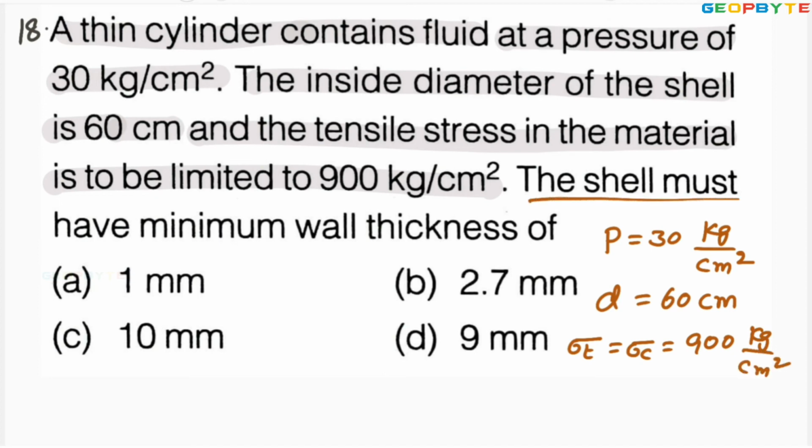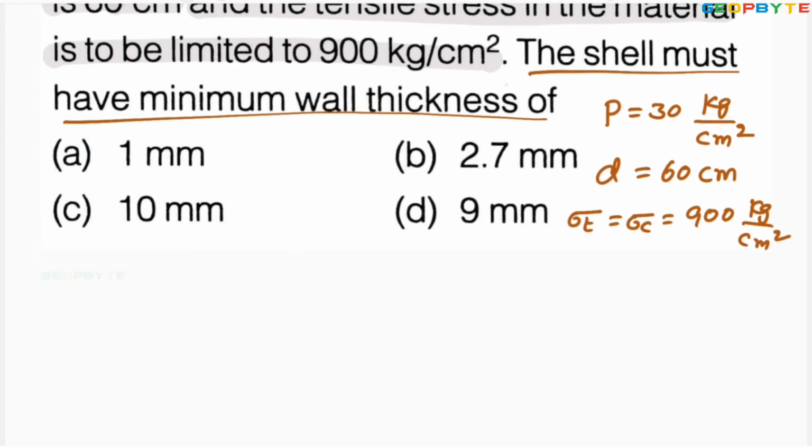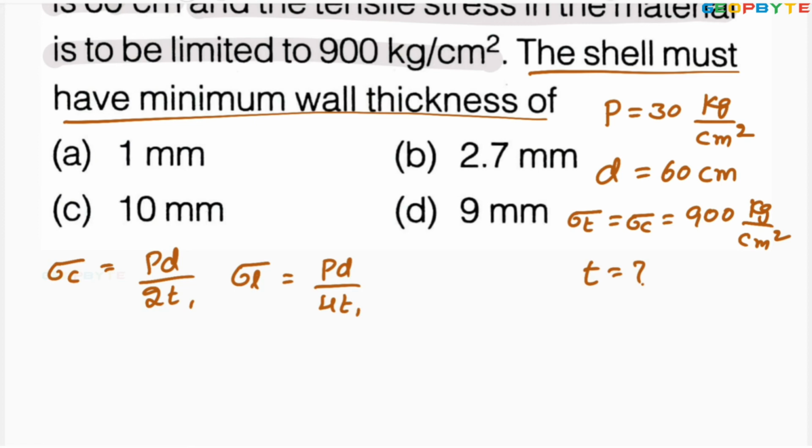The shell must have minimum wall thickness. You are asked to find the thickness of the wall. As we know, the circumferential stress equal to PD by 2T for a thin cylinder. Longitudinal stress equal to PD by 4T, and the shear stress equal to PD by 8T.